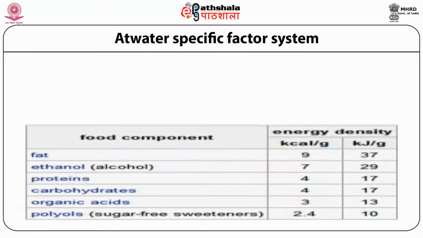The extensive general factor system has been obtained by making refinements, additions, and modifications to the Atwater general factor system. For the division of total carbohydrate into available carbohydrate and fiber, more factors were needed.